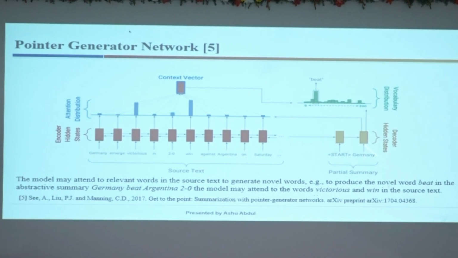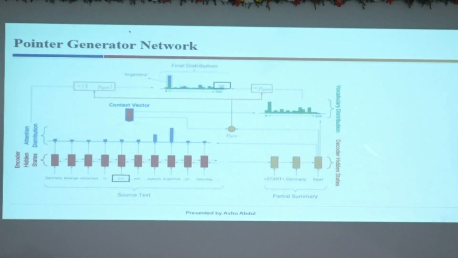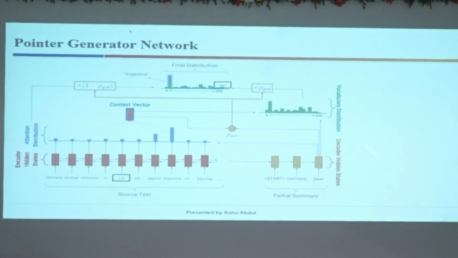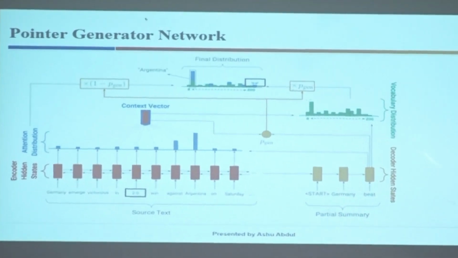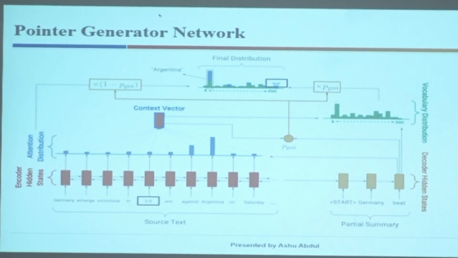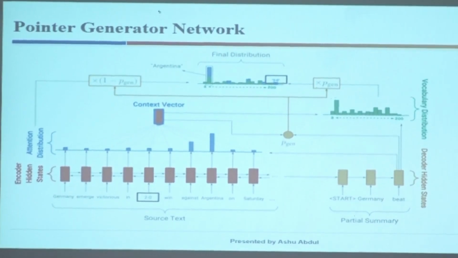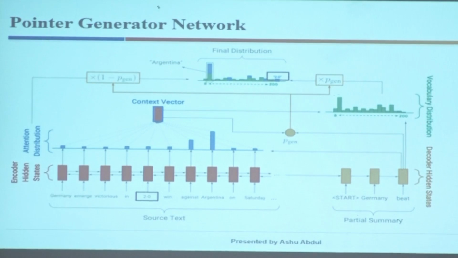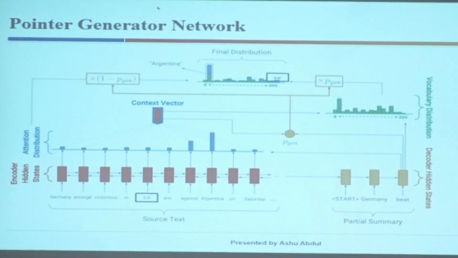The researchers then enhanced the traditional encoder decoder representation with the pointer generator network, which is also an attention based mechanism, by adding the pointer generator to the context vector, where you give importance to the words whenever required. That is the usage of the pointer generator network.